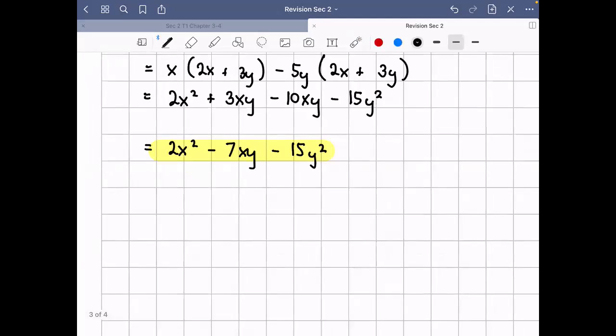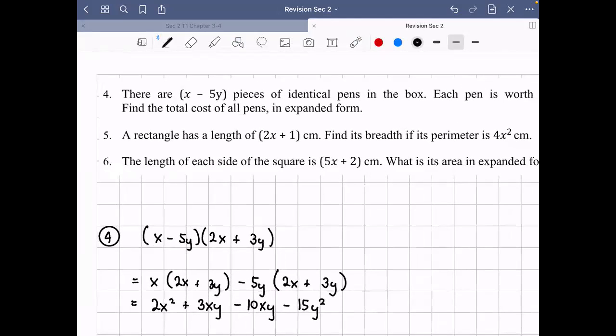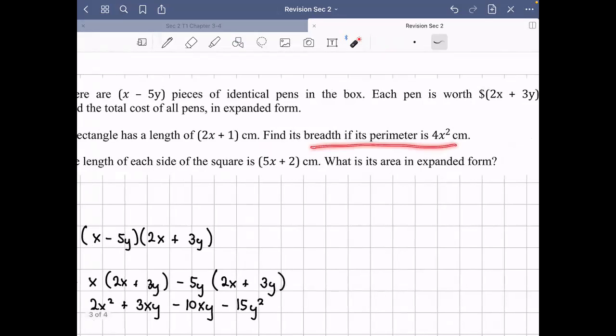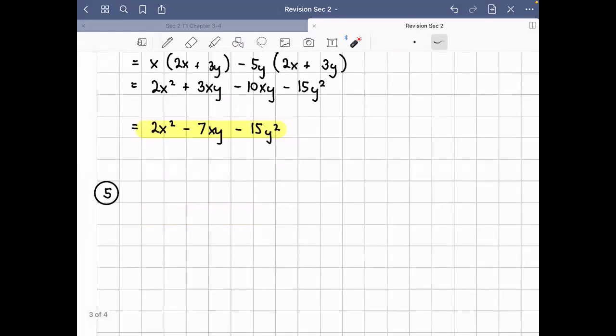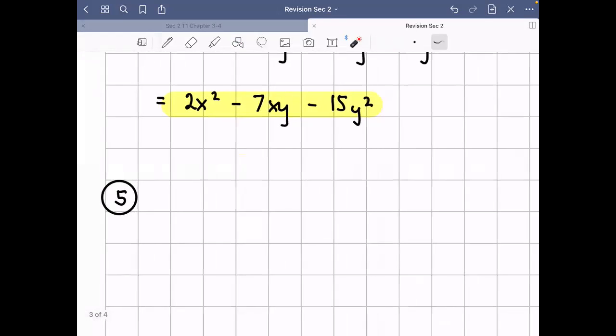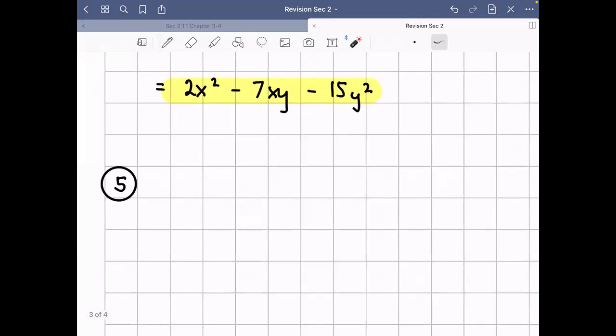Now, number 5 is the rectangle question, right? A rectangle has a length of 2x plus 1 centimeters. Find its breadth if its perimeter is 4x squared centimeters. If you want to draw, it's fine to draw; it won't take much of your time. Let's draw a rectangle here.